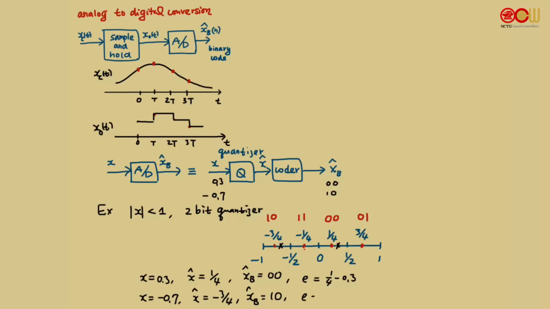And in this example, it would be minus 3/4 plus 0.7. And we can see that the largest quantization error would be half the step size, and the smallest will be the negative of half the step size.